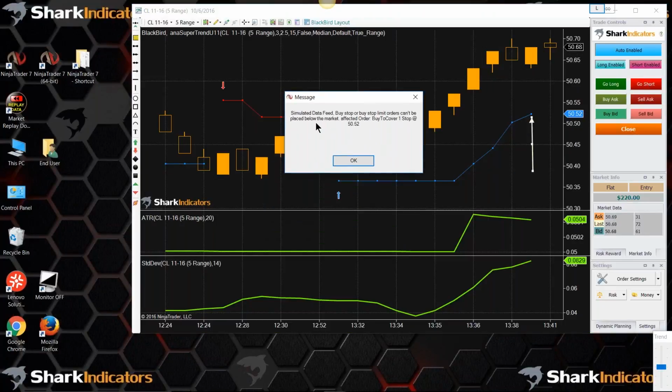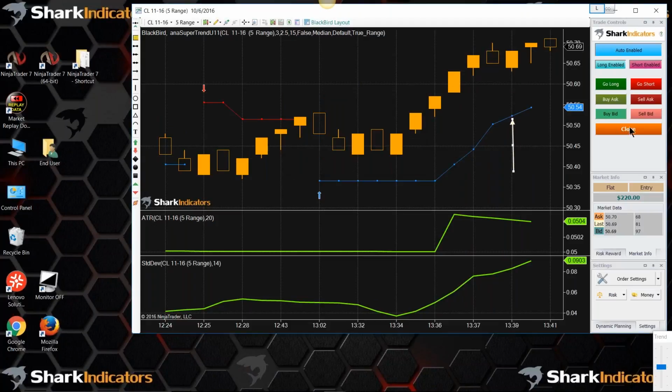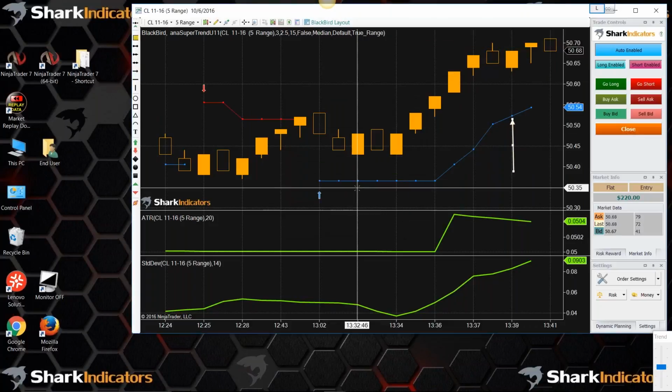Basically, BlackBird submits your stop loss to the market, and then the market comes back and says your stop loss was in an invalid location, and you just got stopped out immediately. So you can see the trade went on. I'll do it again here. The trade goes on, and then we get stopped out immediately.